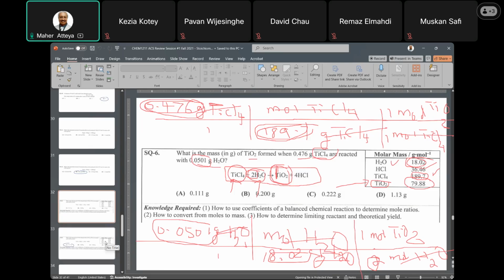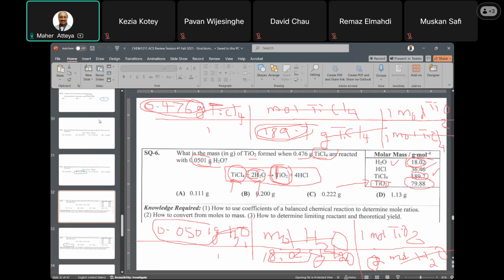If you have to get the moles, then you multiply by 79. For the limiting reactant, decide first which one gives the least number of moles of TiO2, the product.